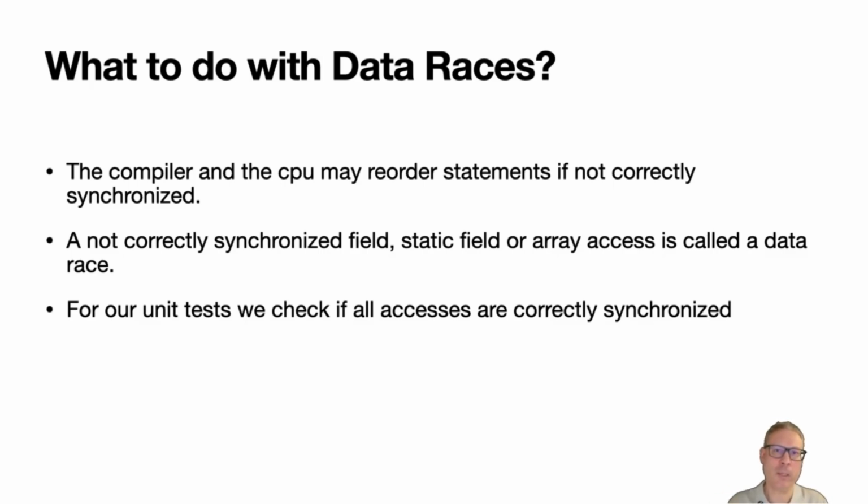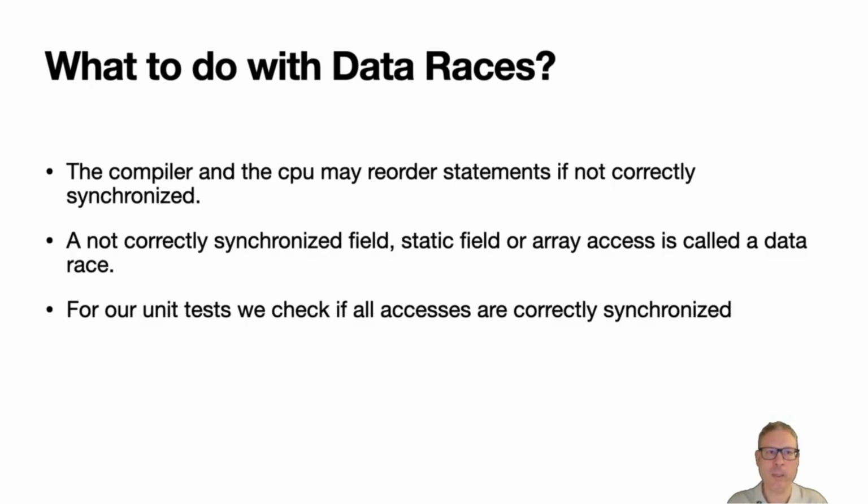If it's correctly synchronized, we always see the current value. And a not correctly synchronized field or array access is called a data race. So how can we treat this in our unit test? The idea is we can check if access is correctly synchronized, and if not, we can report a data race, so treat it as an error.